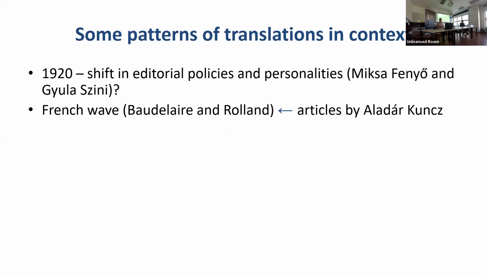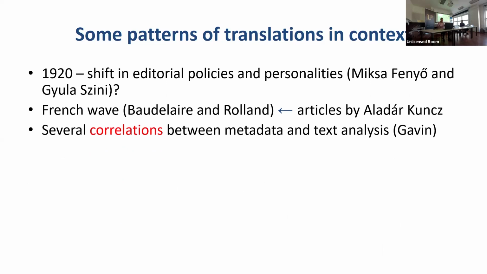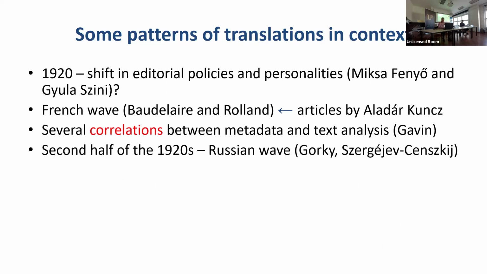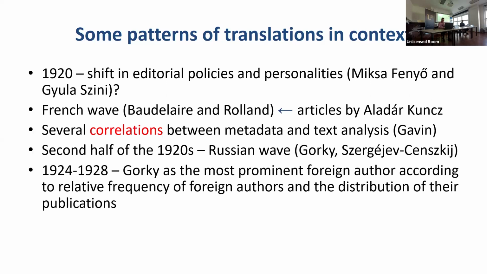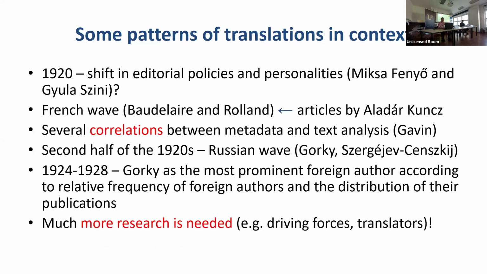The French wave in the 1920s, for sure, is related to the articles by Albert Kuntz, who published several articles about French authors, and we observed several correlations between the metadata and the text analysis. For example, in case of Gorky, he was the most prominent author according to both the relative frequency of foreign authors and the distribution of their publication. This is a very important finding.